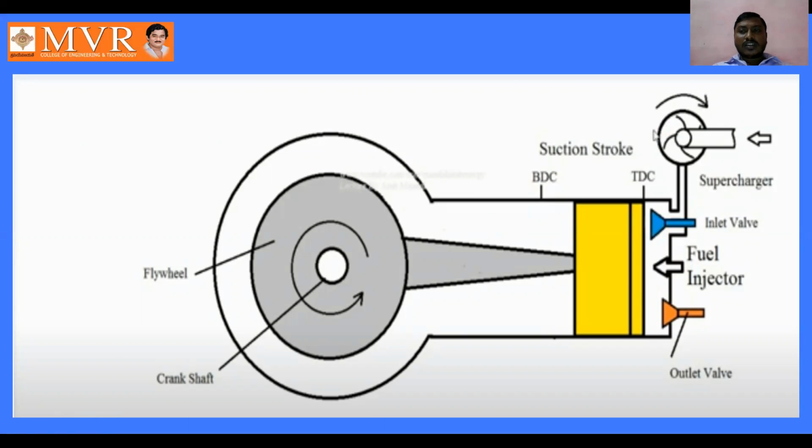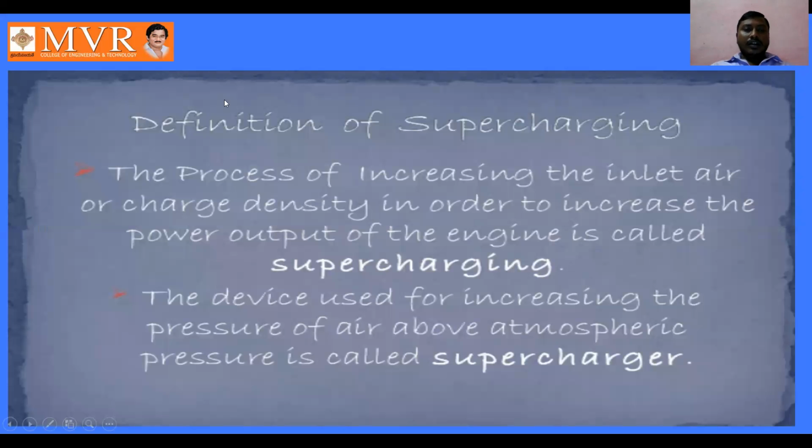As the supercharger forces more pressurized air into the engine cylinder, the efficiency and the output of the engine are increased. The definition of supercharging is increasing the inlet air or charge density in order to increase the power output of the engine. The device used for increasing the pressure of air above atmospheric pressure is called a supercharger.